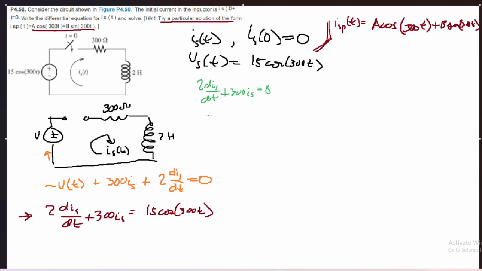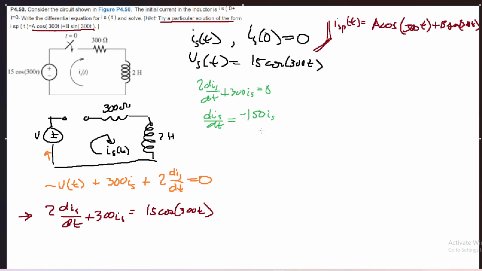Then we solve for dis over dt, and it's going to be negative 150 Is. We want the Is on one side and the dt on the other side.